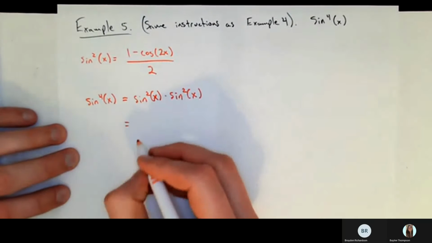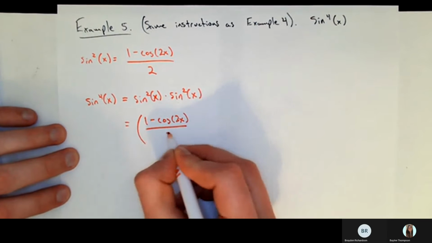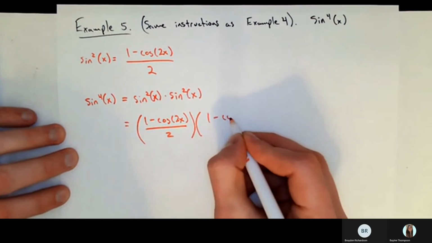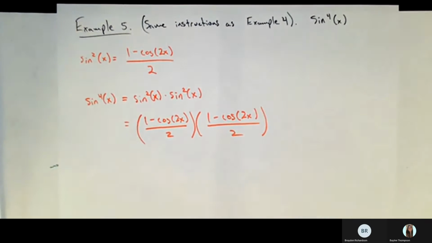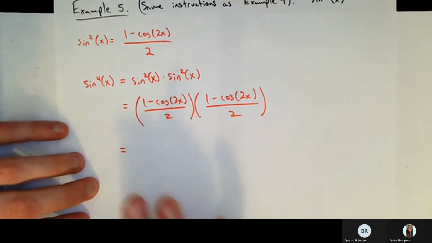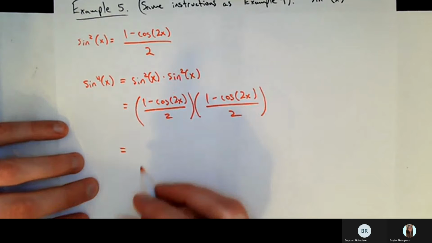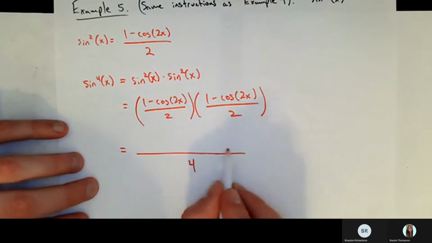That's going to be 2 of these, so 1 minus cosine of 2x all over 2 times 1 minus cosine of 2x all over 2. And now it's going to go kind of similarly to the last one, except that it's not like a difference of squares where the center terms cancel out. So I'm going to go ahead and just jump to the product of the numerators here.